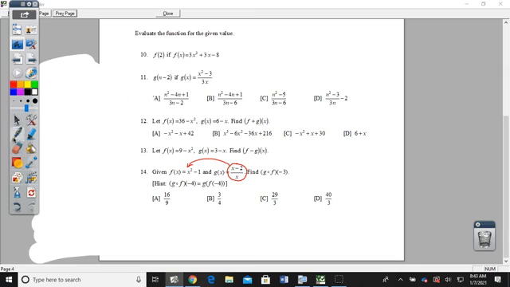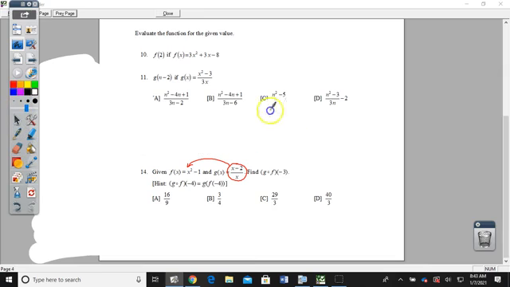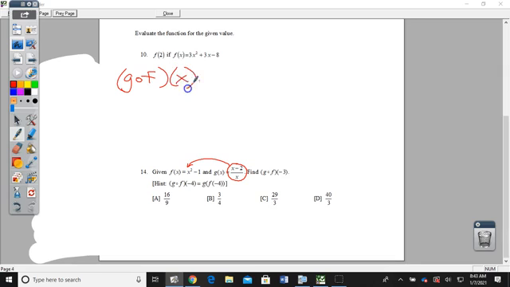Yeah. All right, Caden. You ready? Let me get some more room here. Whoa. Yeah, the right way. I don't want to listen to Alexa. All right. I'm sorry. So right here, this means g of f of x. Oops, and I put x. I need to put what? -3.